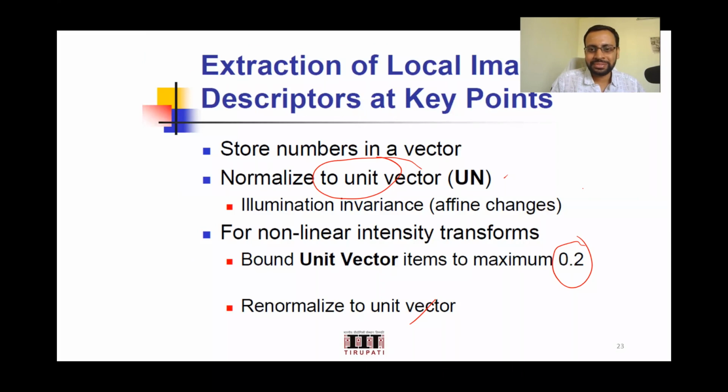So for the flat region, this will not work. Right. First of all, make a note: you are first finding a set of key points that represent the image, and it is only for those key points that you do this orientation alignment and then description. It is the job of your key point detector not to give you a flat region.